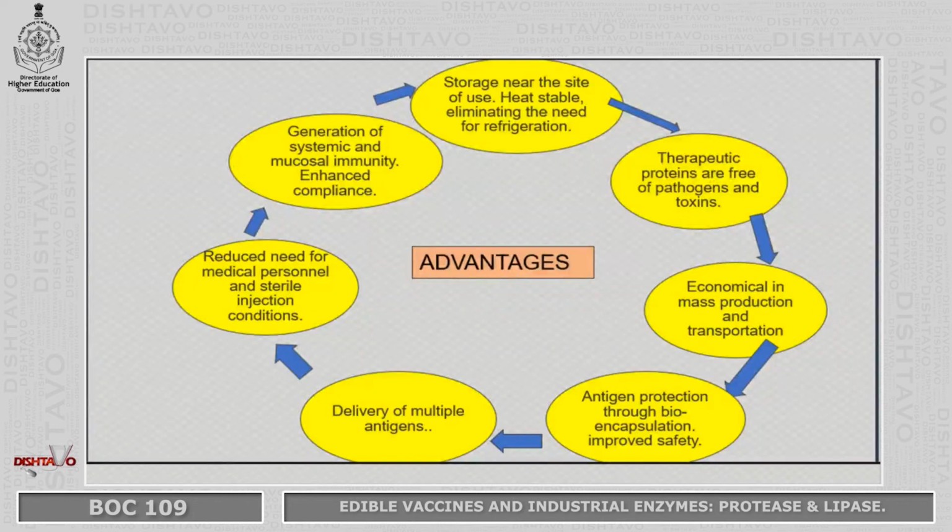Antigen protection through bioencapsulation and improved safety can be provided for them. Delivery of multiple agents can be done through them, and there is reduced need for medical personnel and sterile injection conditions. Generation of systemic and mucosal immunity is guaranteed here, and there is enhanced compliance.